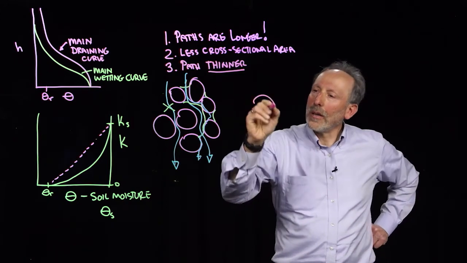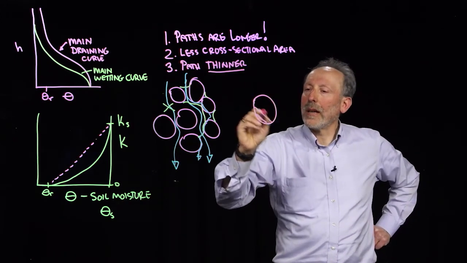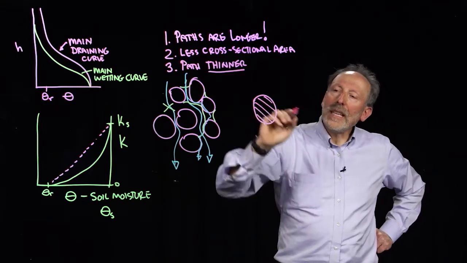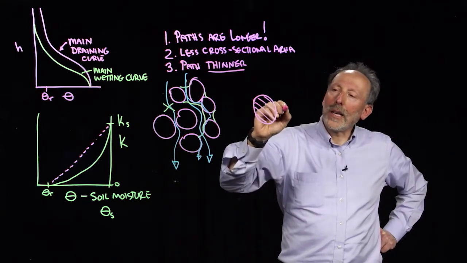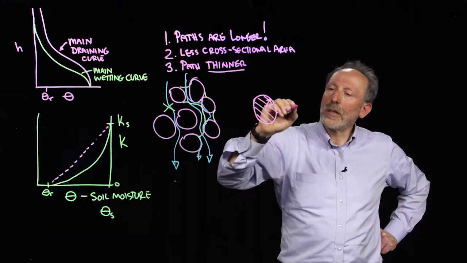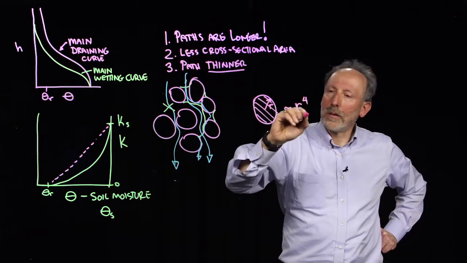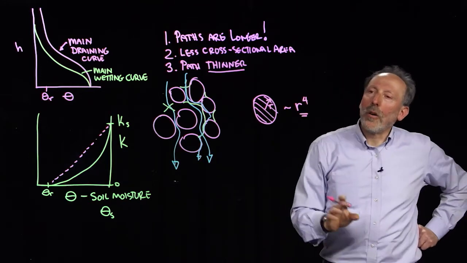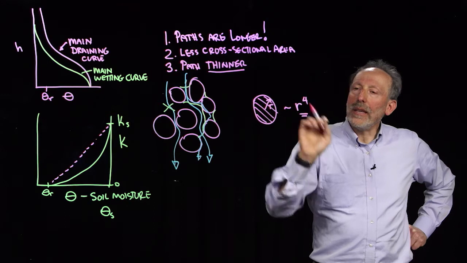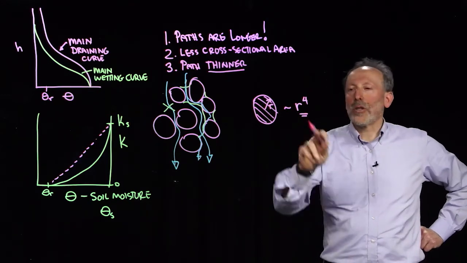It turns out that if this is a pore through which water is flowing, the ease with which water goes through that is proportional to its radius to the fourth power. So as we go to smaller and smaller pores, the resistance to flow of water goes up with the fourth power.